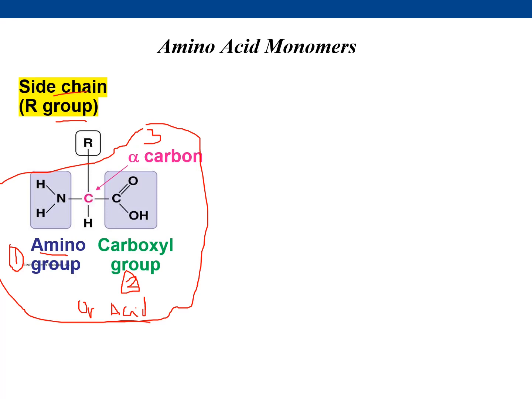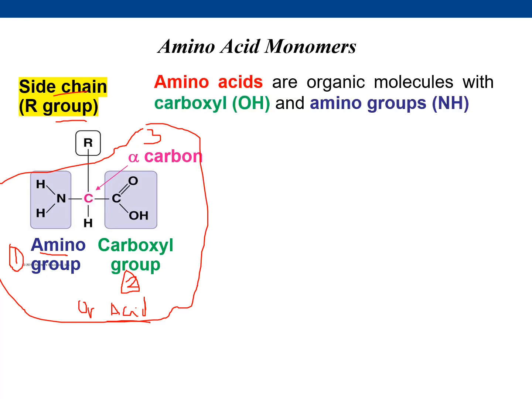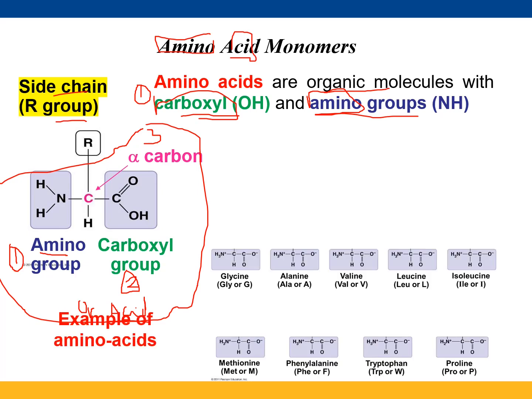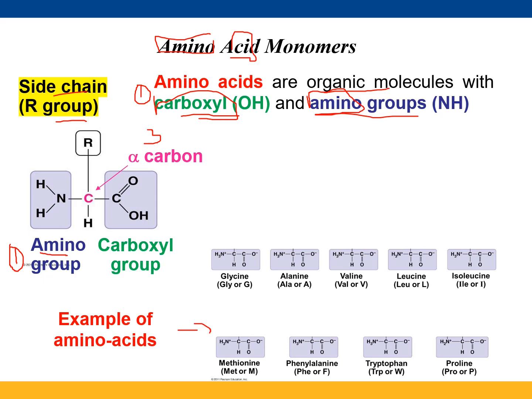Okay, so let's recap all the things that I said in this slide. I told you that amino acids are organic molecules that are formed of a carboxyl and an amino group. So again, amino, and here, an acid from the organic acid that is the carboxyl. So amino acid. The second thing that I told you is that the following are some examples of amino acids with the three main components.